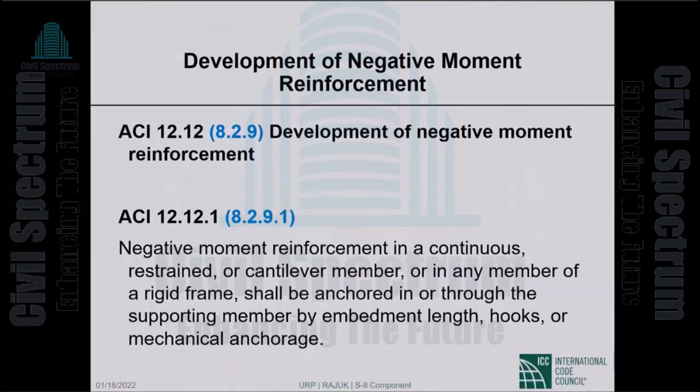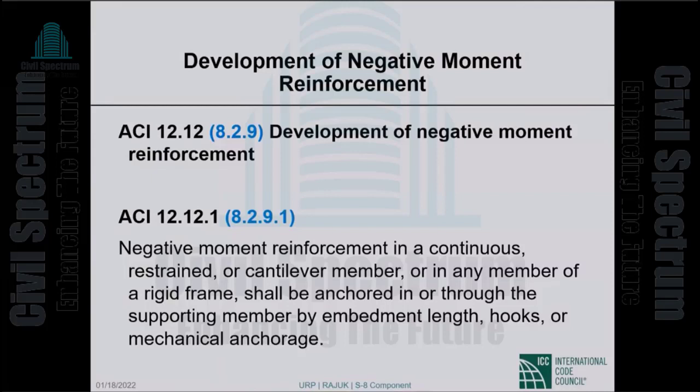Now, development of negative reinforcement. I don't think you ever suspected that this development is such a problem, but ACI has very systematic provisions, and this is all because of problems that have been observed in testing. That's the basis. Okay, so development of negative moment reinforcement.